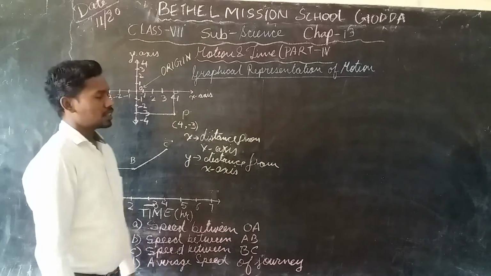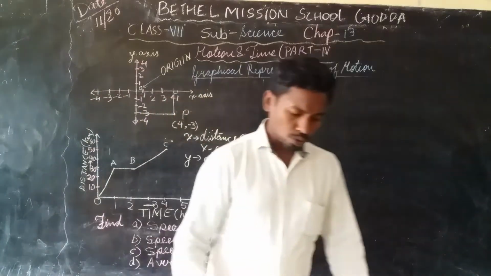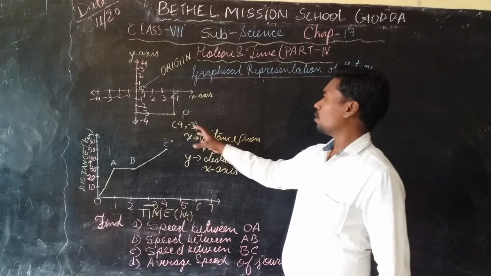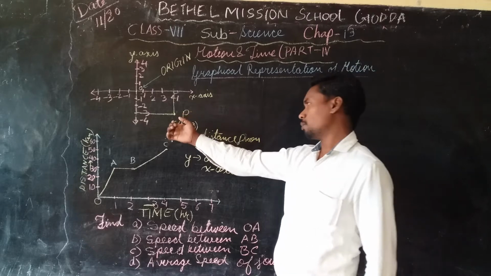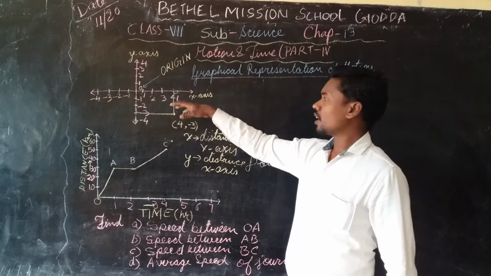Okay, so this is the way we can get the exact location or exact information about the point in a graph.